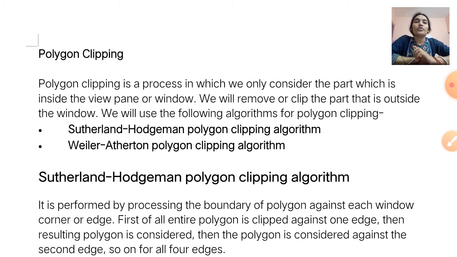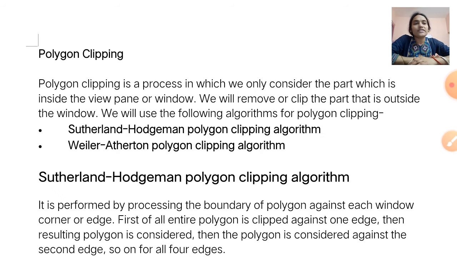We will remove or clip the part that is outside of the window, and the parts which are inside are kept, and the part which is outside will be removed or discarded.